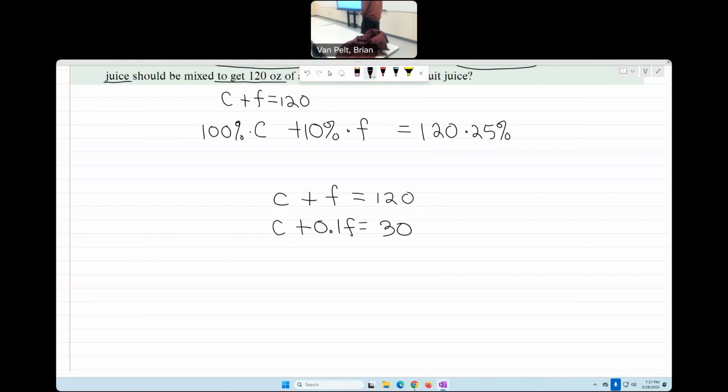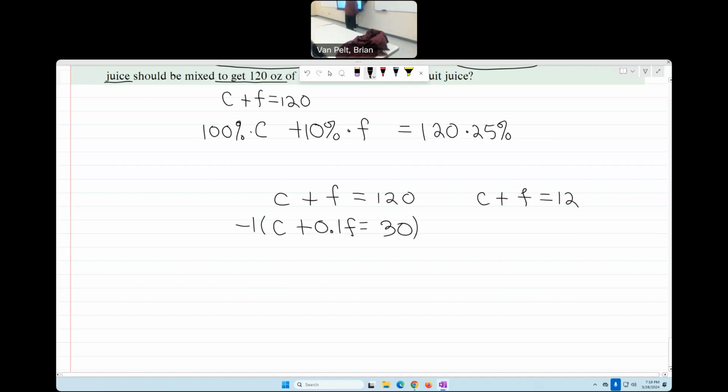Now, what might you do here? Solve for C. I could wipe out C immediately, can't I? If I multiply the second equation by -1, it'll give me, on top, C plus F equals 120.